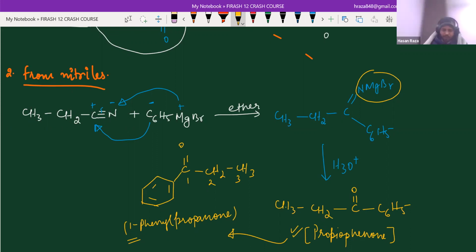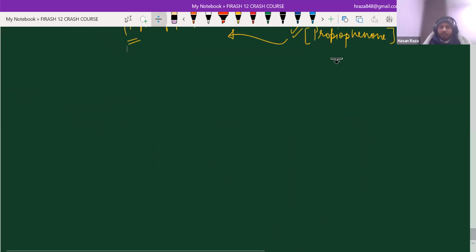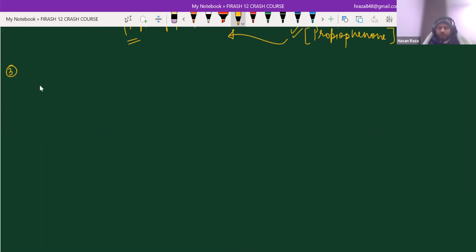Very good. The next one is quite famous, and you have seen it in the last two chapters: haloalkanes and haloarenes. That is acylation. So the third and last preparation of ketone is from benzene. Either you can do it from benzene, or substituted benzene.